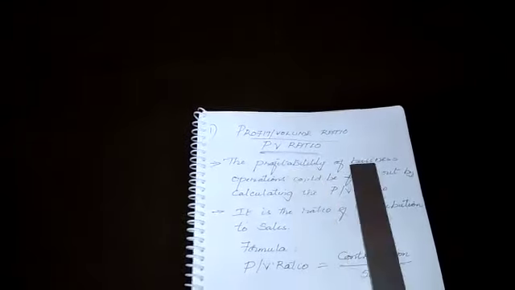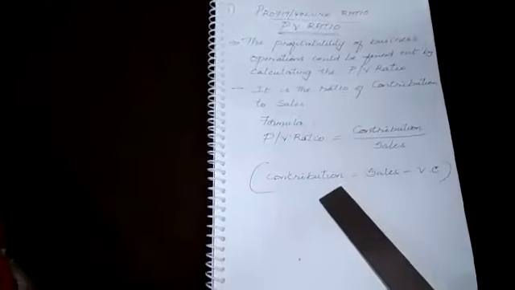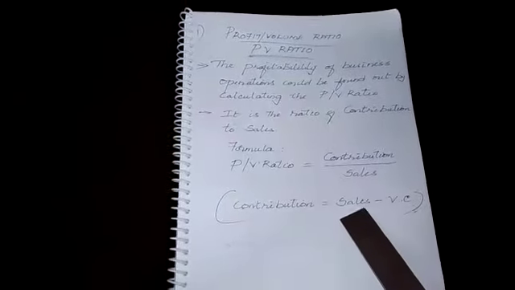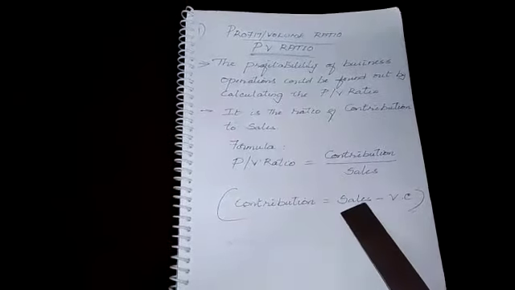For this purpose, we have to use a formula. PV ratio is equal to contribution divided by sales. All these details will be given in the sum. Sales will be given directly, but contribution will not be given directly. We have to find out that. How will we find out contribution? Sales will be given. From the sales, we have to subtract variable cost.